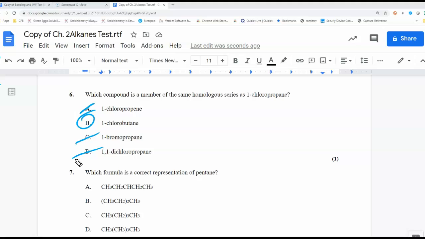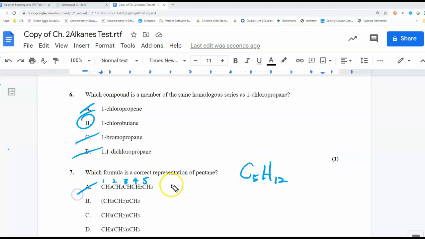And then number 7, which formula is a correct representation of pentane? That means we're going to have C5H12 as the molecular formula. So we have to find the one that has C5H12. This has 1, 2, 3, 4, 5 carbons, and that's correct, but it has 3 plus 2 is 5, 6, 7, 8, 9, 10, 11.